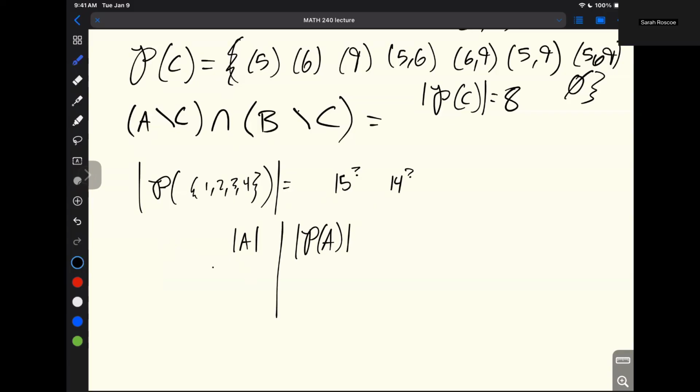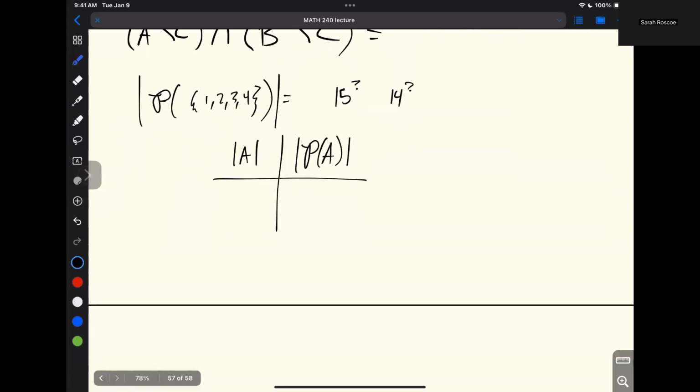Probably right, I didn't work it all out. Let's try to determine how big the power set is, as if we didn't know it.